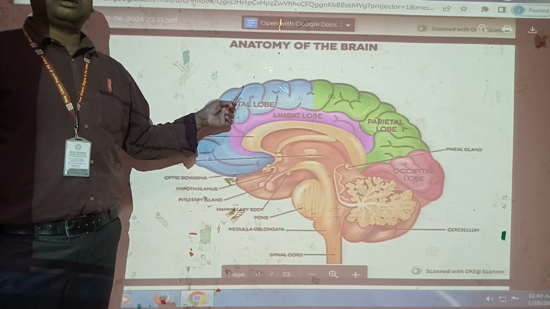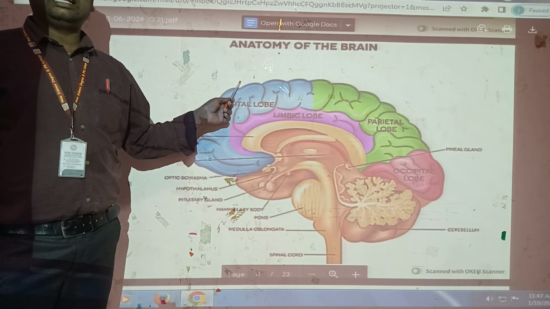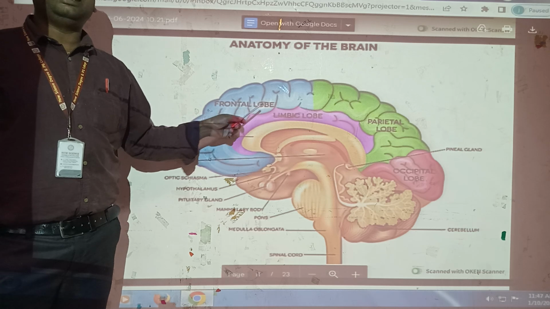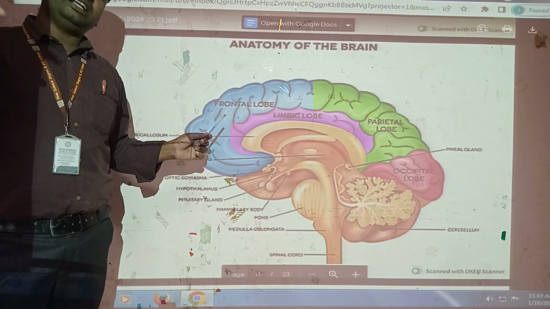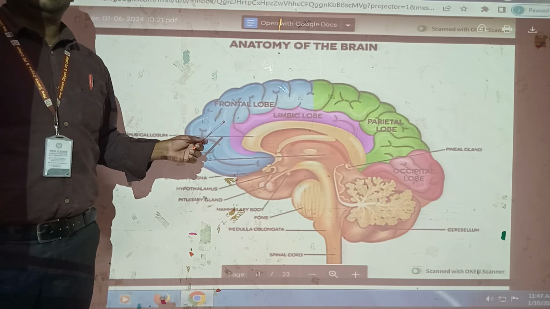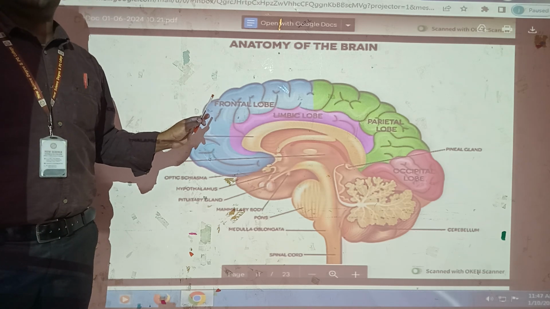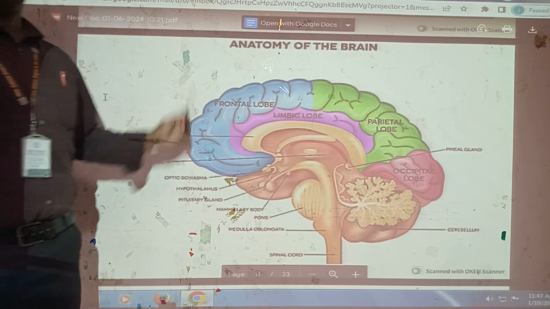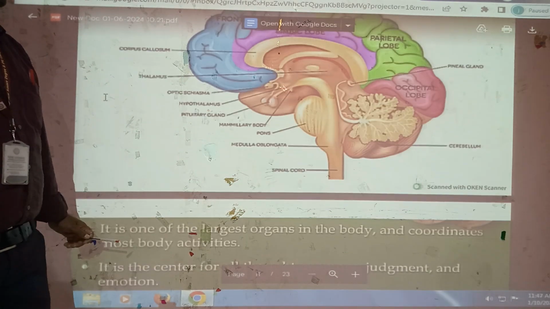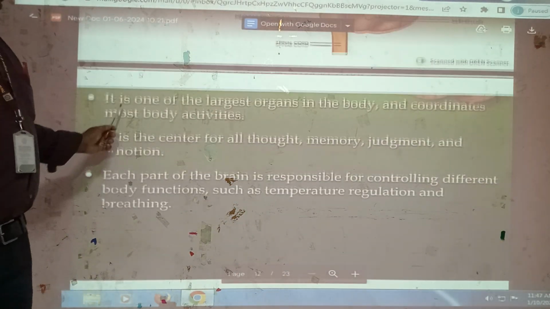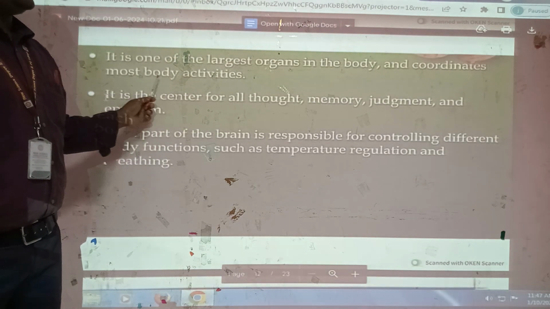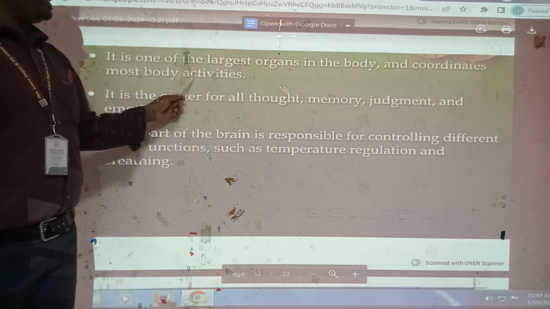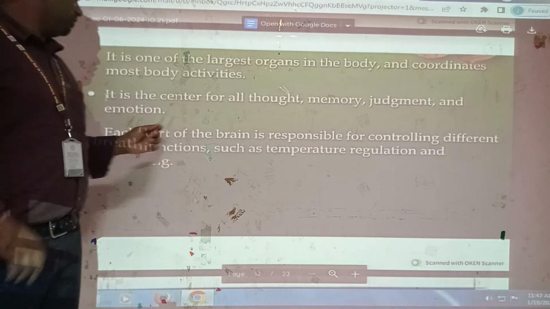In the brain, the outer part is ash colored and the inner part is white, but in the spinal cord it is the opposite: the outer layer is white and the inner layer is ash colored. The meninges and cerebrospinal fluid provide protection. The brain is one of the largest organs in the body and coordinates most body activities. It has total control over body systems.